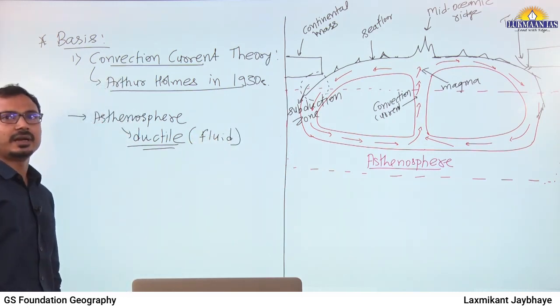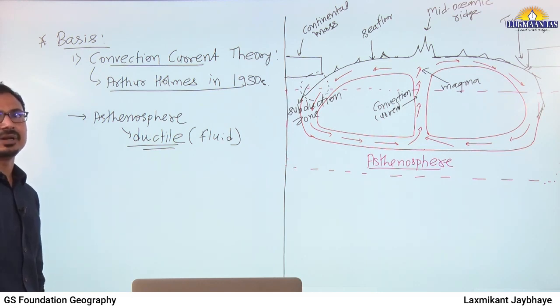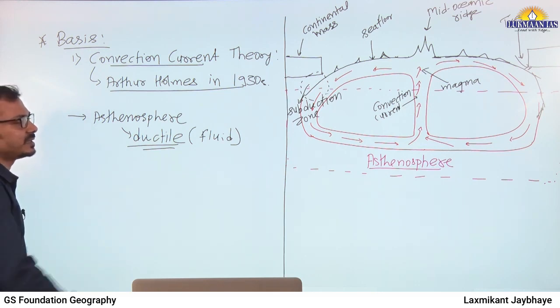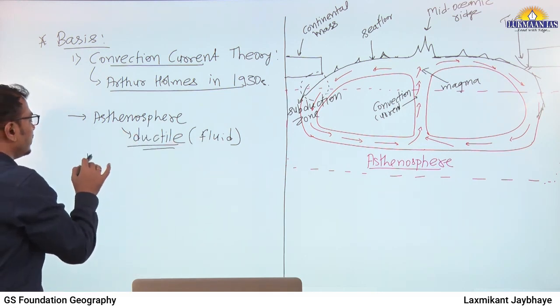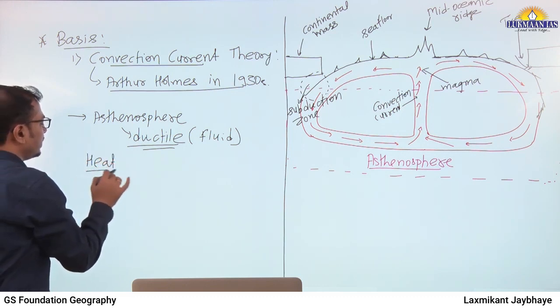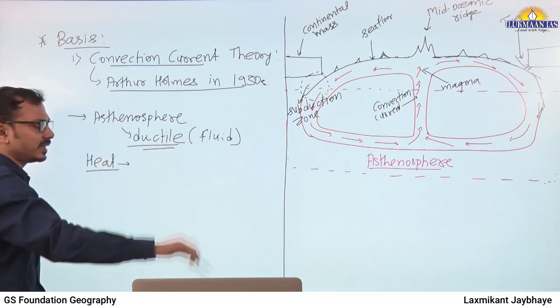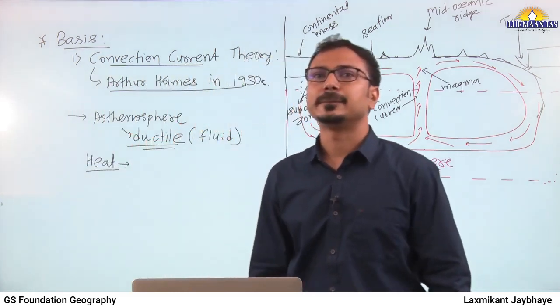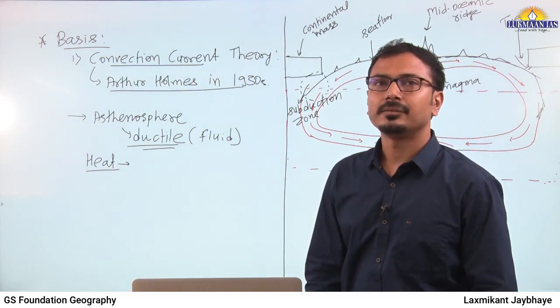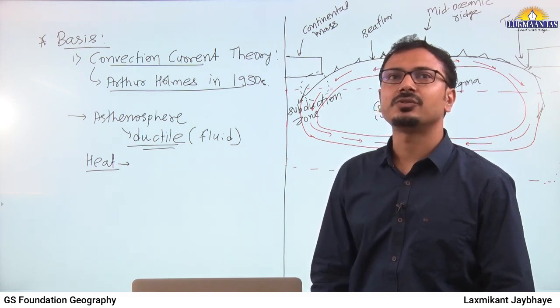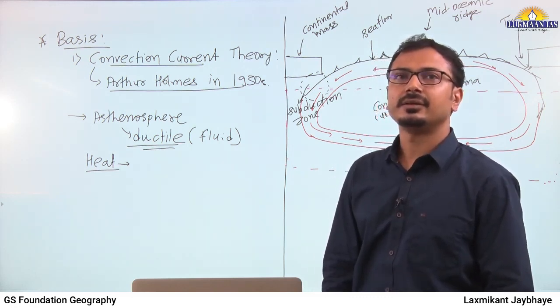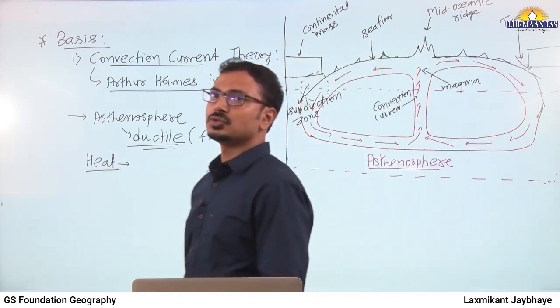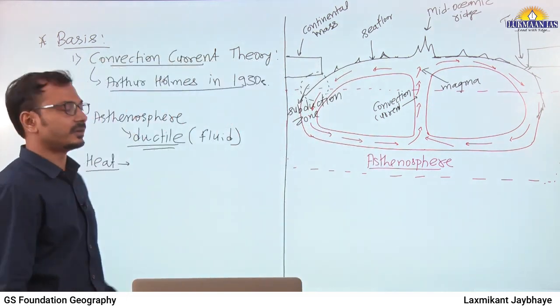Now we can understand that there is an increase in temperature as more heat energy is available in this region. Now you tell me, heat energy is available in this asthenosphere because of which reasons? We have learned this: sources of heat inside the earth.